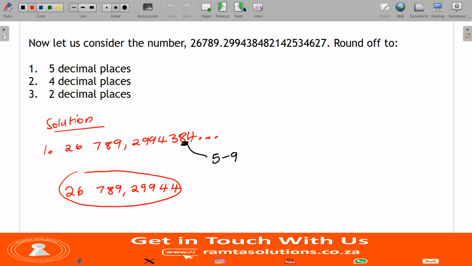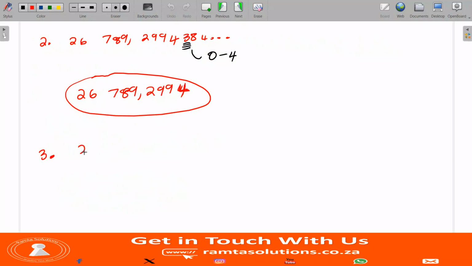Number 3, let's see what it said. To 2 decimal places. Now we had 26,789 comma 2994384 and so on. Now we are rounding off to 2 decimal places.